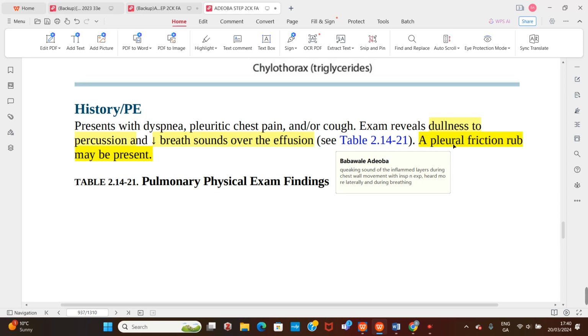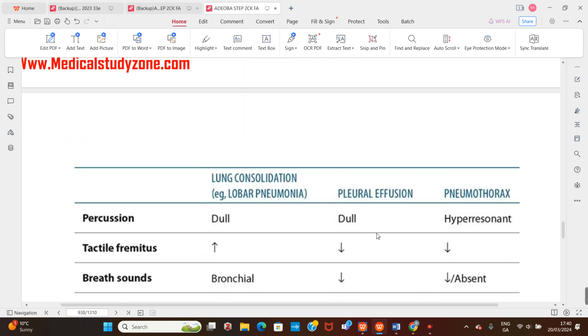If it's pericardial, you can think of pericarditis. This is pleural, and you can delineate them because with this one you are going to hear the squeaking sound during breathing. But for the pericardial one, you tend to hear it when you tell them to stop breathing. That's when you hear that one more.